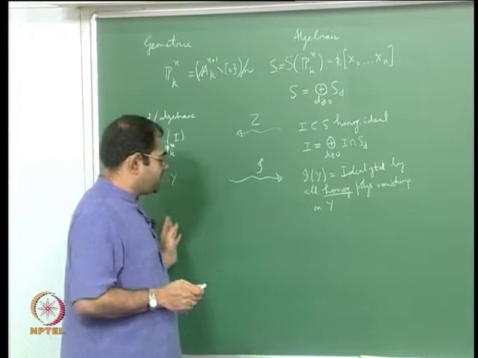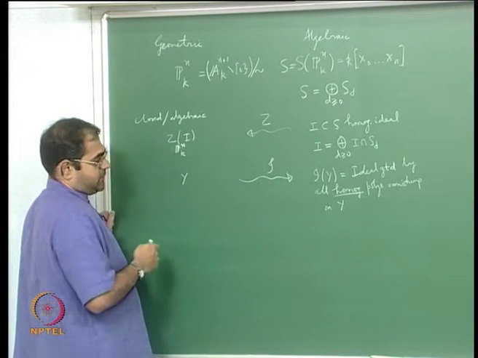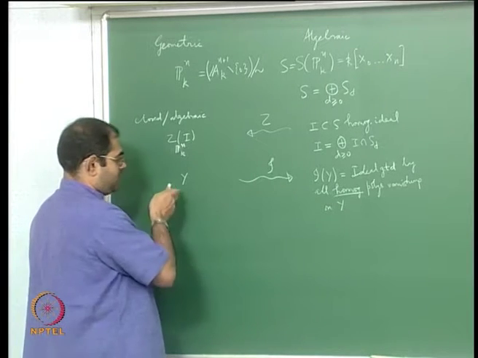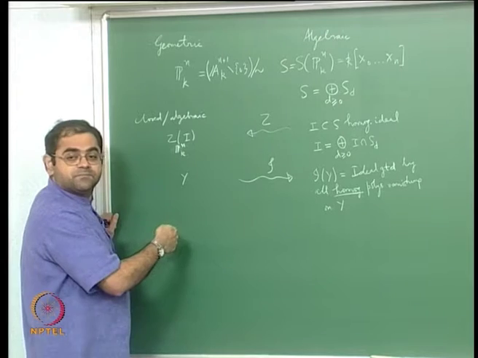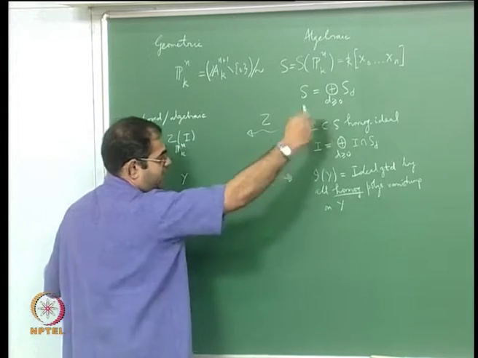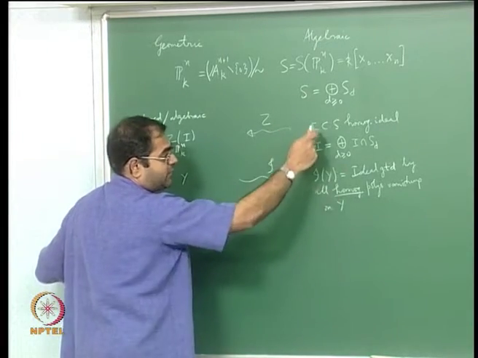But if you want to make this into a bijective correspondence, you will have to restrict. On this side I can take all subsets, and here I can take all ideals, but of course the point is I can't take all ideals here, I have to take only homogeneous ideals.